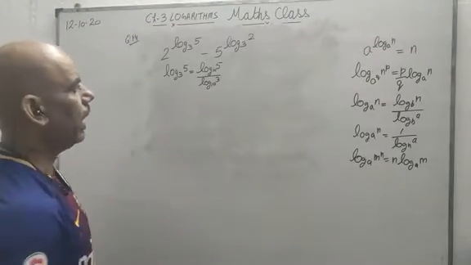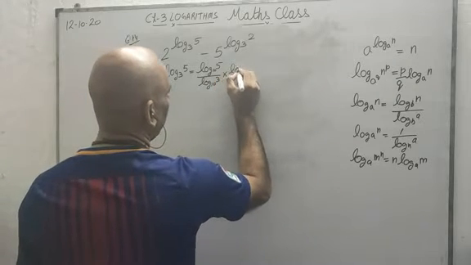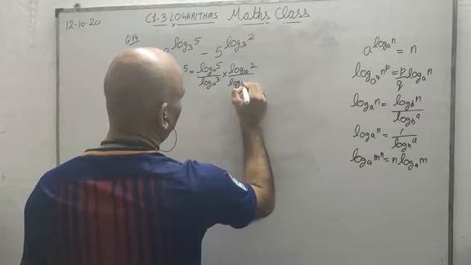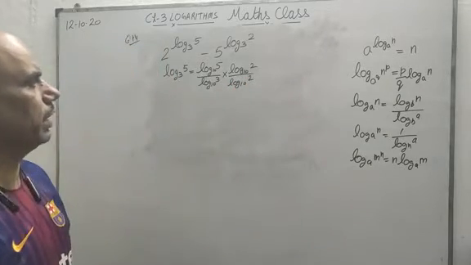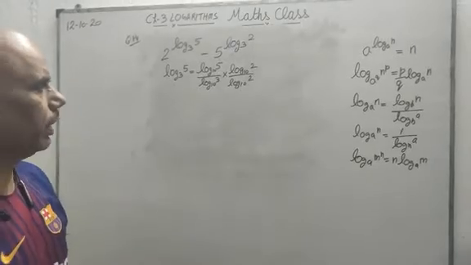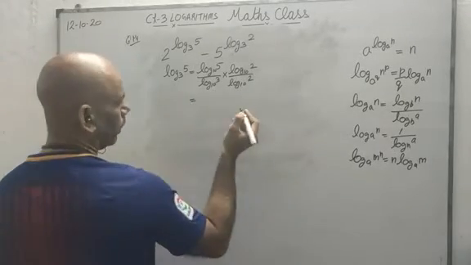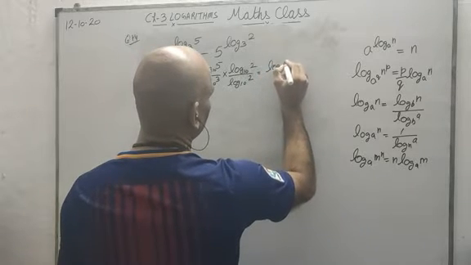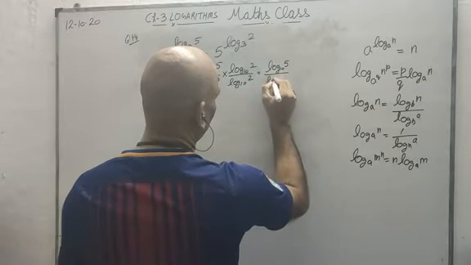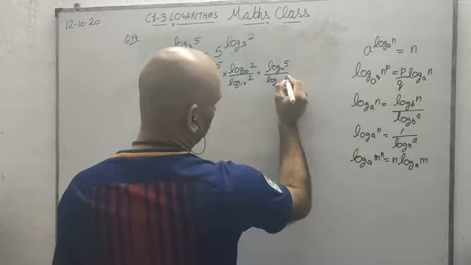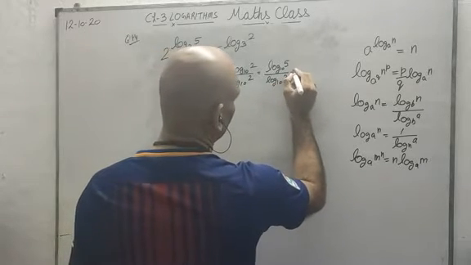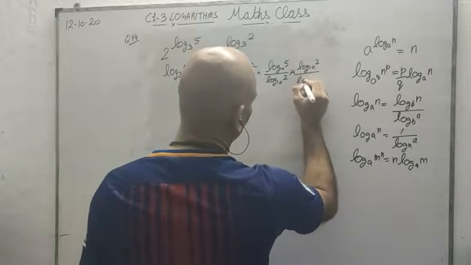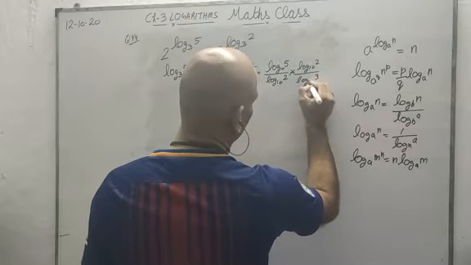Now if I multiply it by log 10 base 2 and divide it by log 2 base 10, it is not going to make any difference. So I am going to interchange them: log 5 base 10 upon log 2 base 10 into log 2 base 10 upon log 3 base 10.